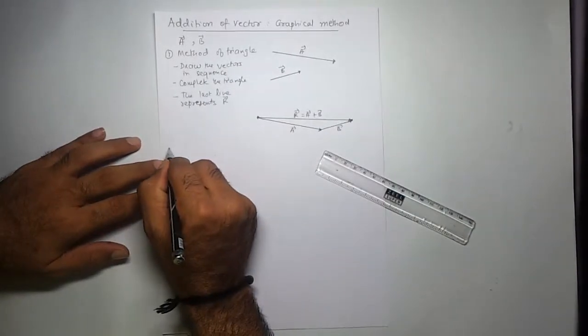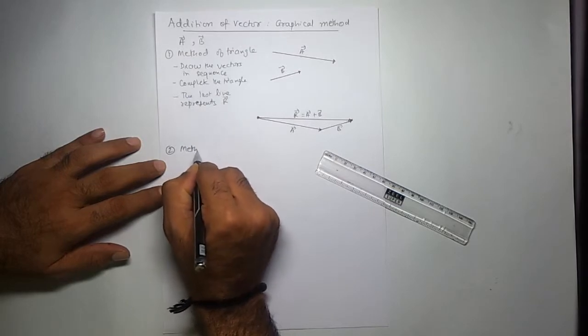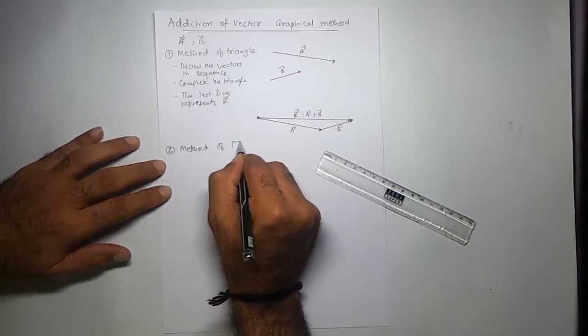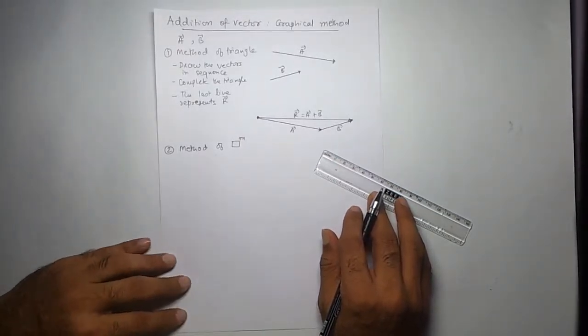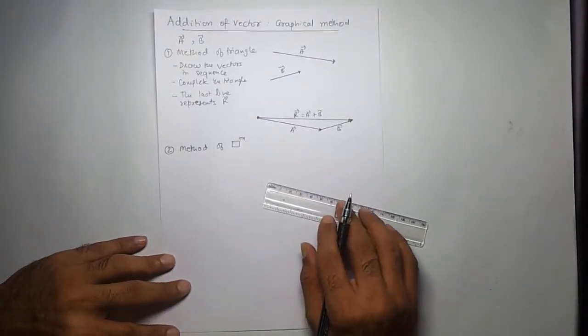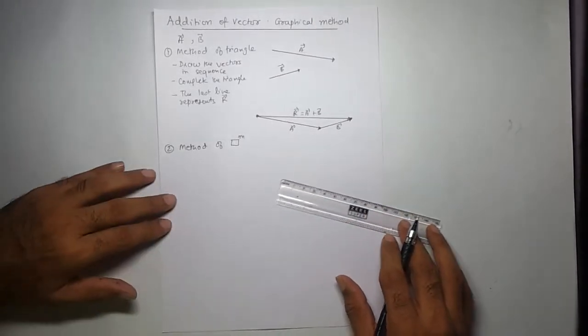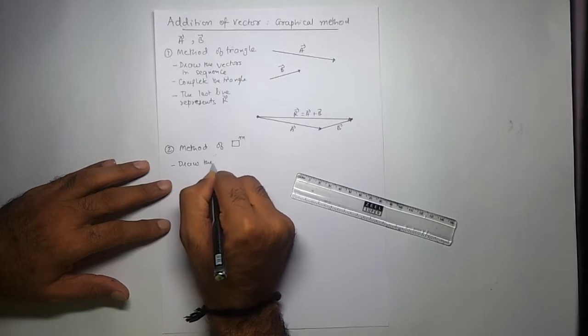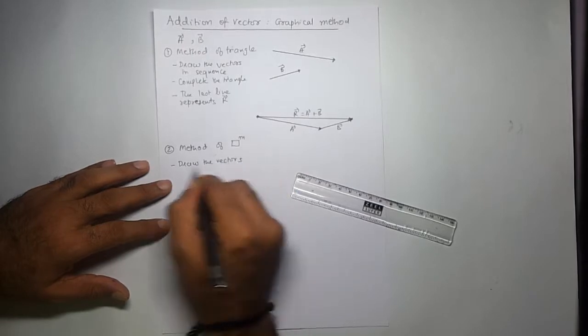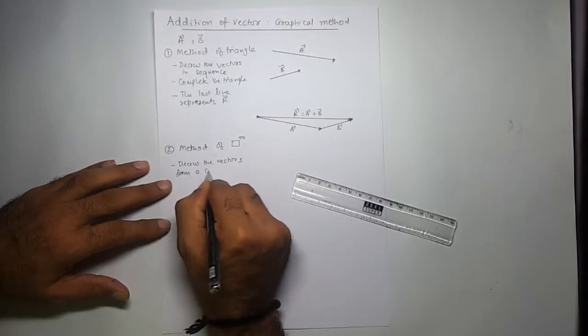Let us look at the second method, which is the method of parallelogram. In this, we adopt a similar method, but with a few differences. The first step is to draw the vectors from a common point.